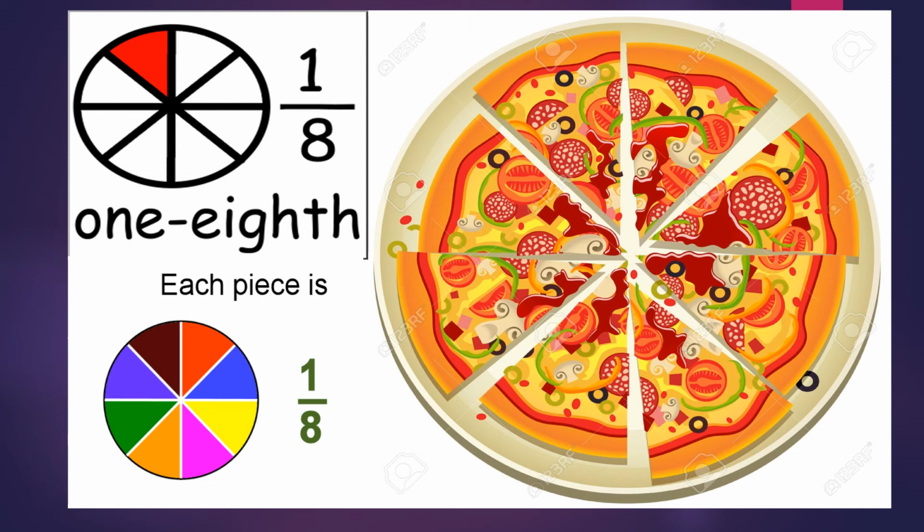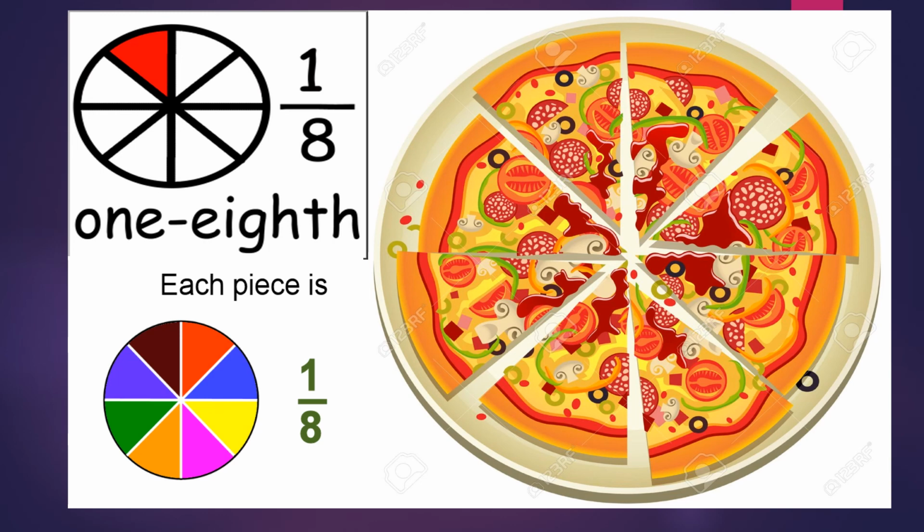The fraction is 1 by 8th, which means each piece is one part out of the whole, which is 8. There are 8 pieces. So here is an example of a yummy pizza that has been cut equally into 8 parts. So each piece of the yummy pizza is 1 by 8th.